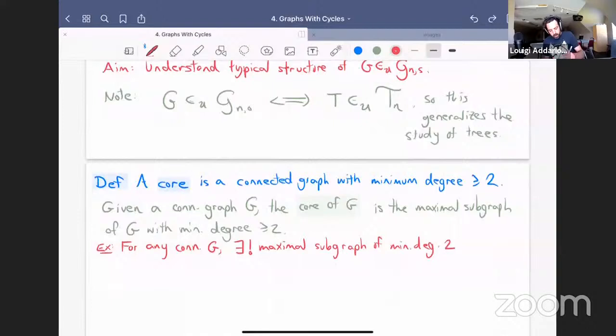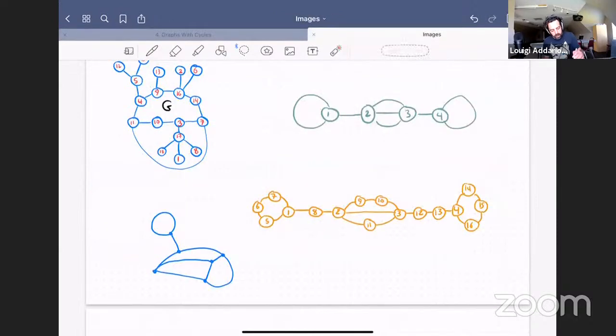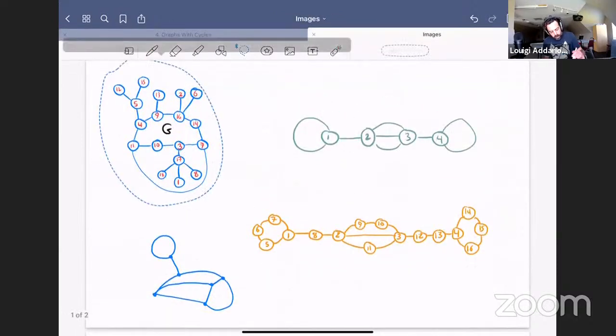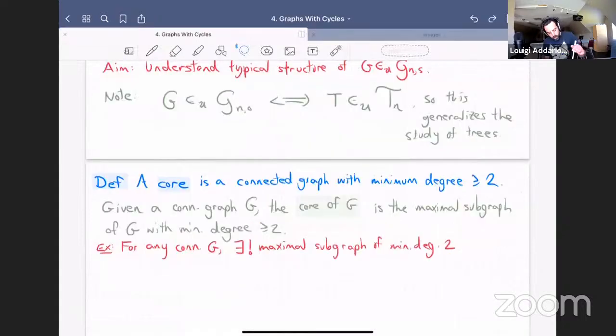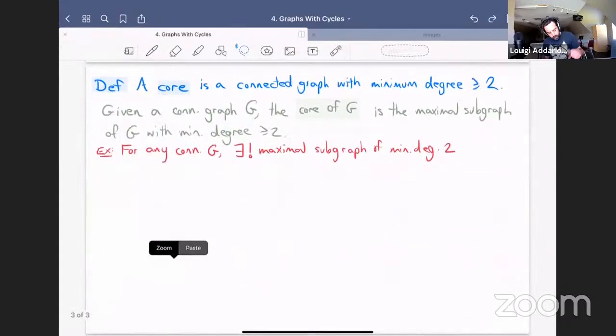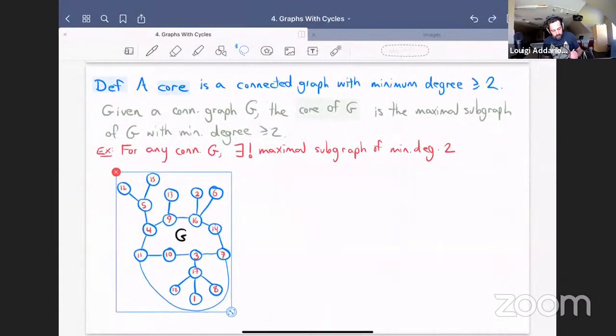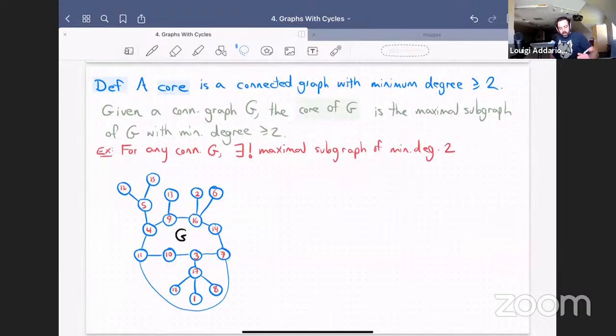So that when we write this, we're getting a well-defined notion. And it's not that hard an exercise. I'll show you one way to find the core of a given graph, and you'll see from the procedure that the core is indeed a unique and well-defined object.